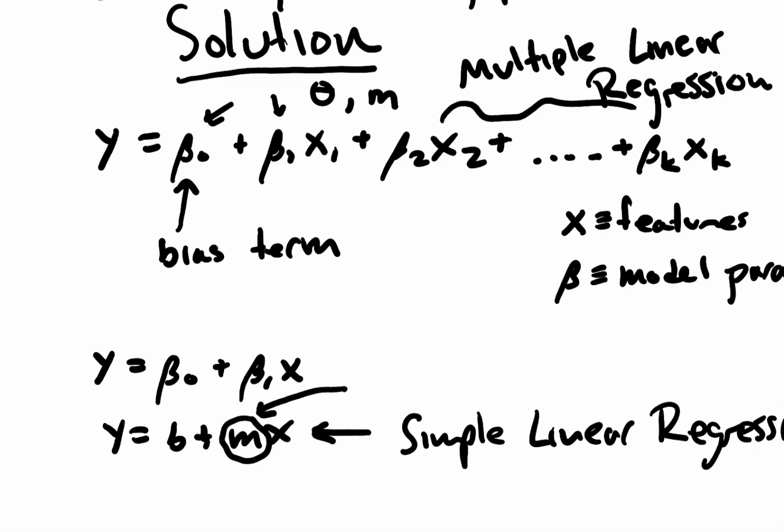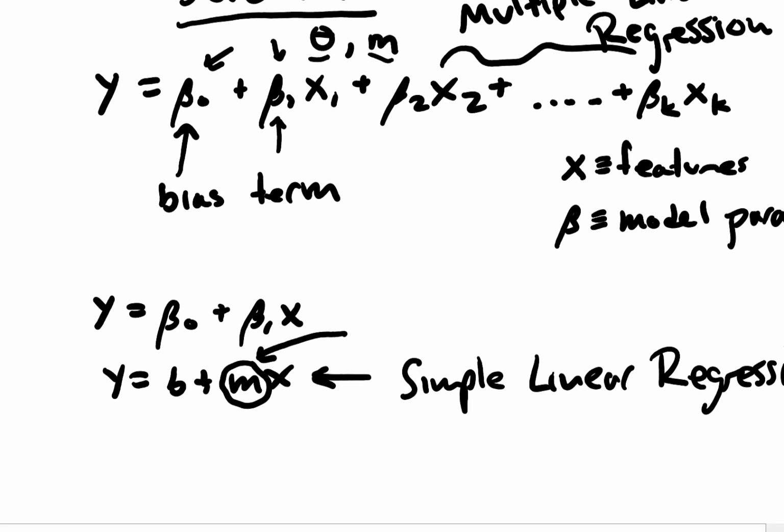In multiple linear regression, you'll see people use beta, theta, or m for the model parameters. Don't get confused by that. Just look at the equation and figure out from the equation what the different variables are. Don't get too caught up on what symbol people are using to represent the different variables.